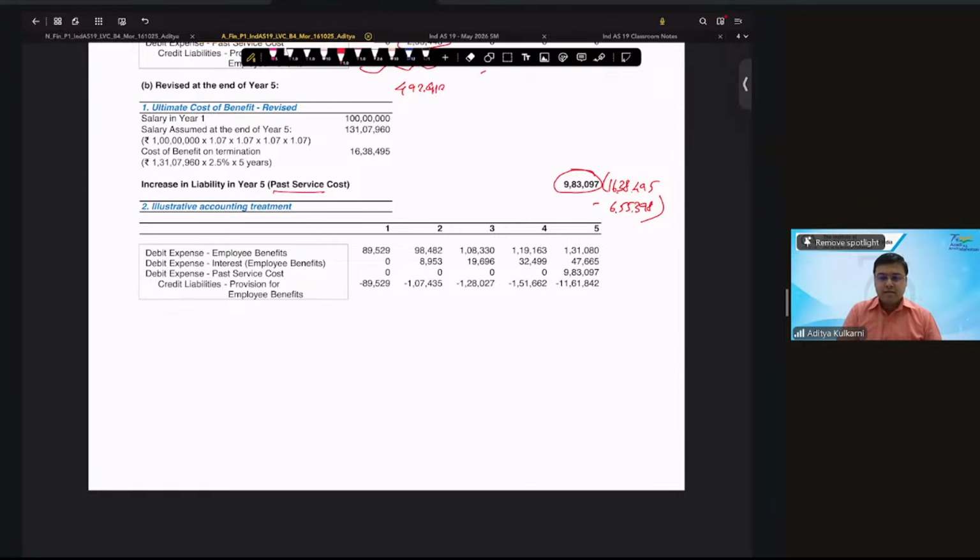Are we okay with this? Yes, sir. So year 1 is happening as per the old plan. Year 2 also old, old, old. This will be a catch up. That will bring your total to the new obligation, that is 16,38,495.